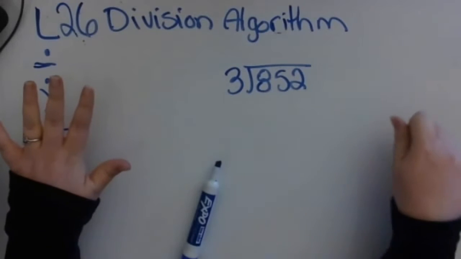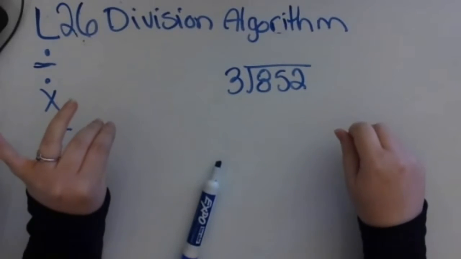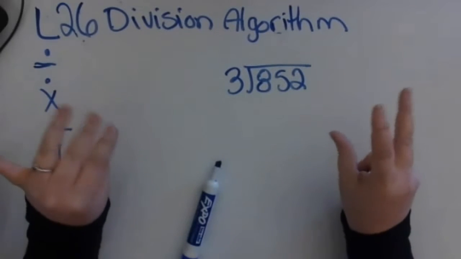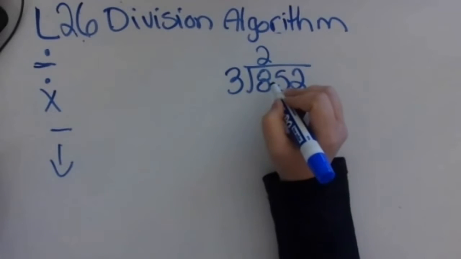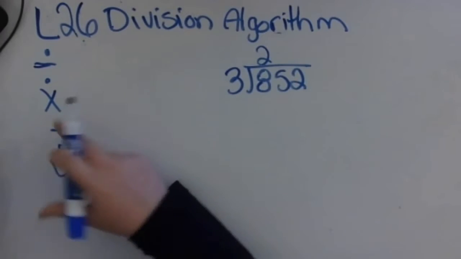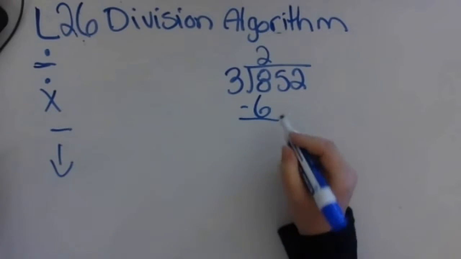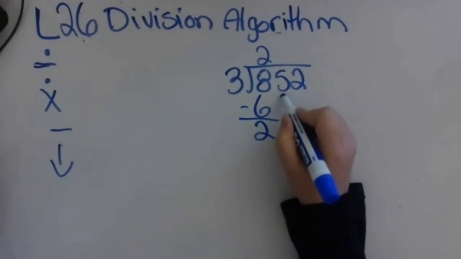Well, this is 3 over here, that's 1. This is 3 here, that's 2, and I'm left with 2. Which means I can't do another one, so I can only do 2 3s into 8. Multiply, 3 times 2 is 6. Subtract, 8 take away 6 is 2. Bring down.